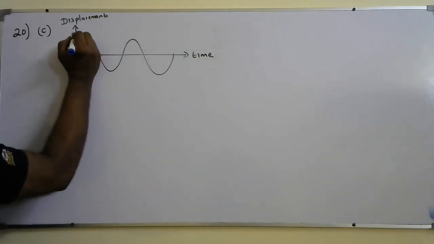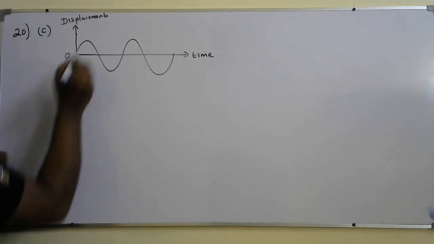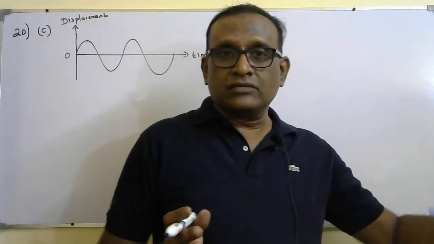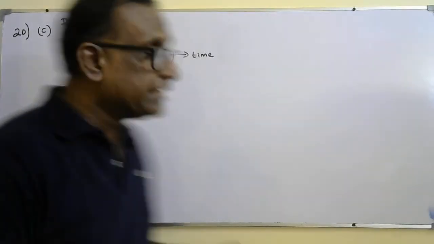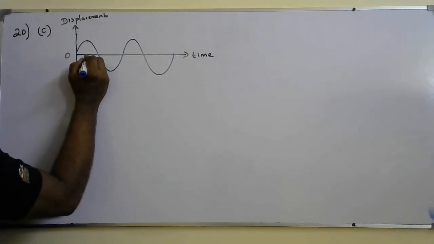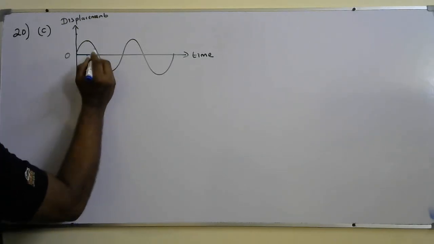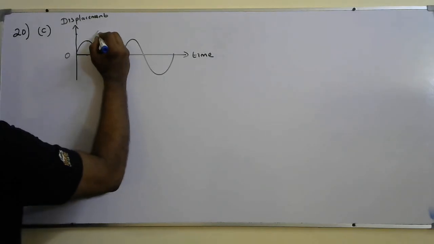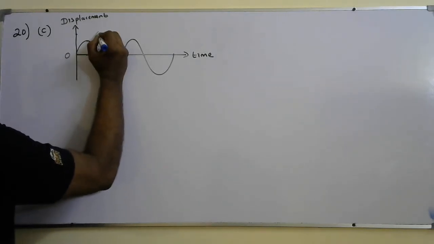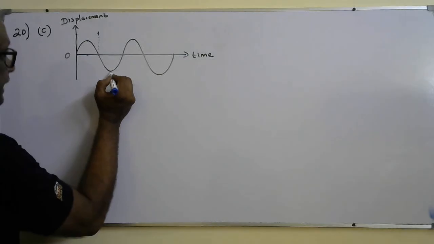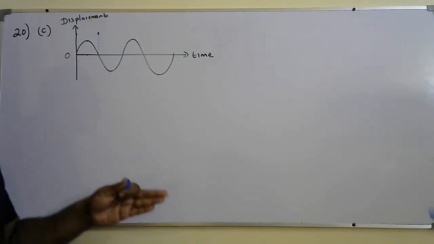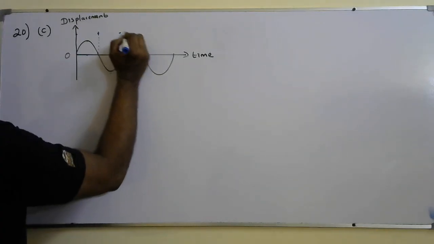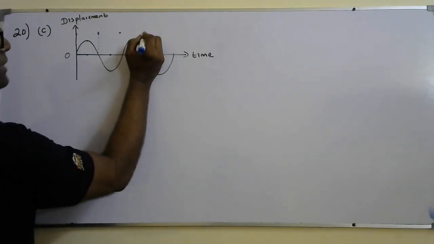So at this position, kinetic energy is maximum. When the displacement is maximum, that is the extreme position where the speed is zero, kinetic energy is zero. Again, when the displacement is zero, equilibrium position, kinetic energy is maximum. Negative displacement means extreme position where speed is zero. Again, this is maximum, this is zero, maximum.